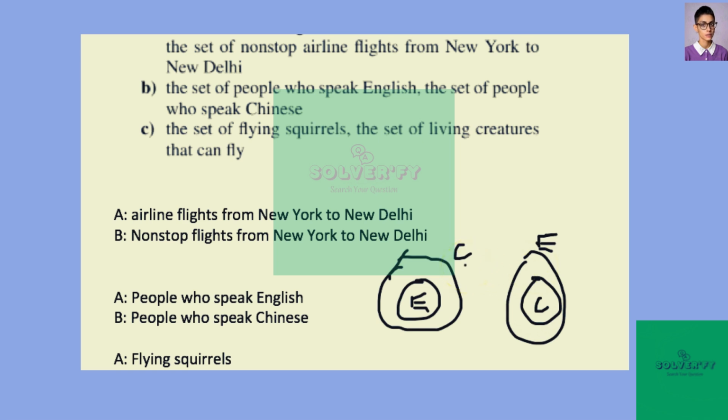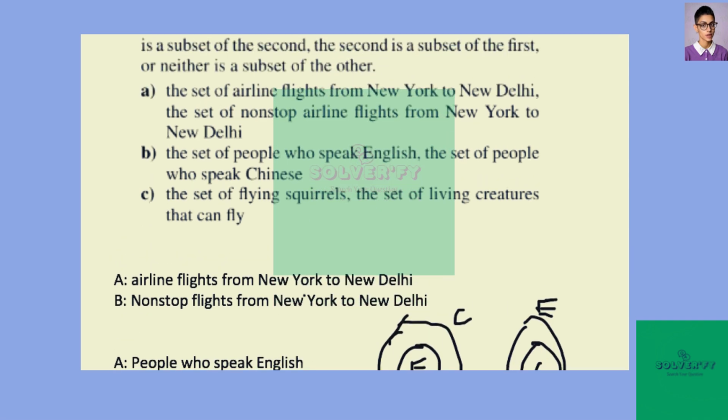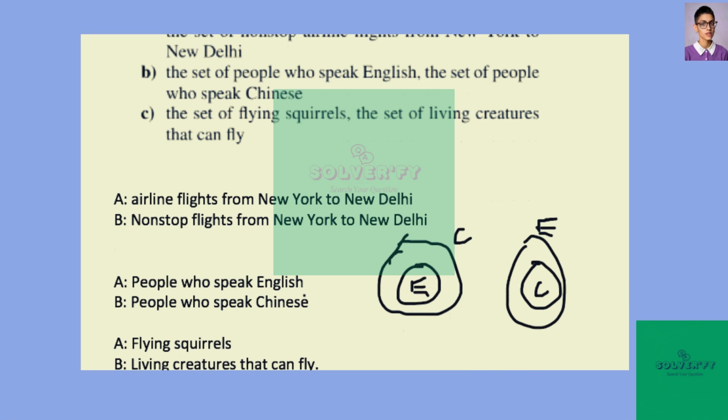And we know that that's not the case. For example, I speak English, I don't speak Chinese. I'm sure there are people out there in the world who speak Chinese and don't speak English. And so this one, the answer is going to be neither is a subset of the other.